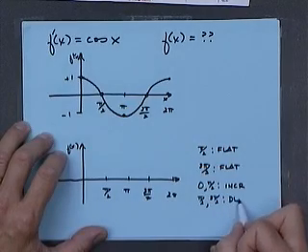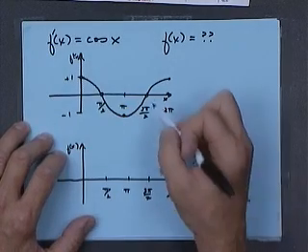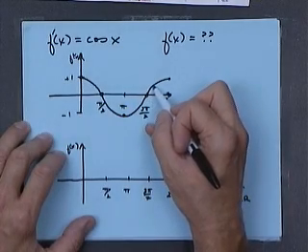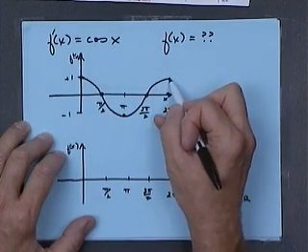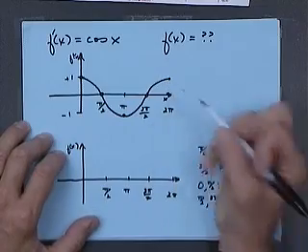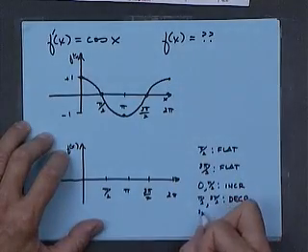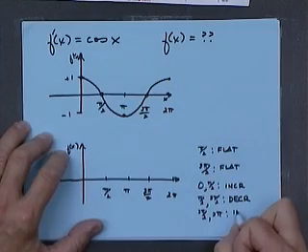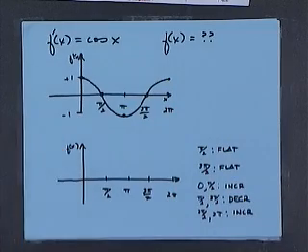Decreasing. And then back to 3 pi over 2. After we get past 3 pi over 2, the derivative is what? Positive? Yes. So from 3 pi over 2 to 2 pi, the curve should be increasing again.